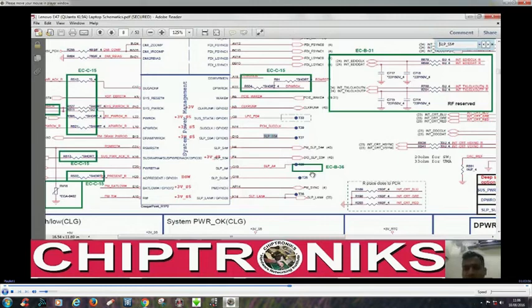In a board where the IO controller generates S5 underscore on or S5 enable, this pin would be not connected, because the work of S5 enable is done either by the PCH or by the IO controller. In this board it is done by the IO controller, so this SLP underscore S5 is not connected.